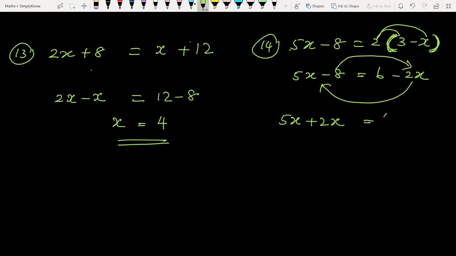So 6 minus 8 will become plus 8 now. 6 plus 8 is 14. 5x plus 2x is 7x. So x is 14 divided by 7, which is 2. X is 2 now.